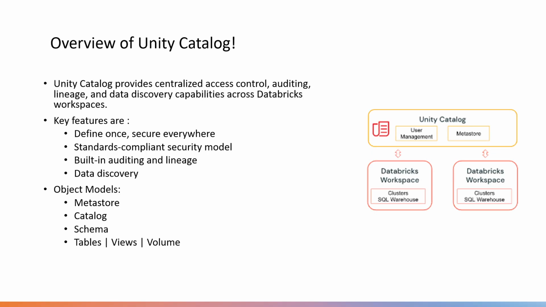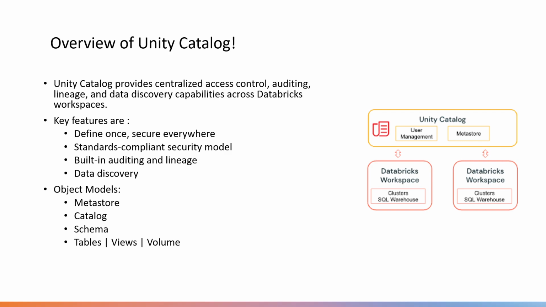Now let's move to the next topic, which is Unity Catalog. I'm sure everyone has some idea of what Unity Catalog is. Unity Catalog is a governance tool provided by Databricks, and it is a centralized access control, auditing, lineage, and data discovery tool in the Databricks workspace.